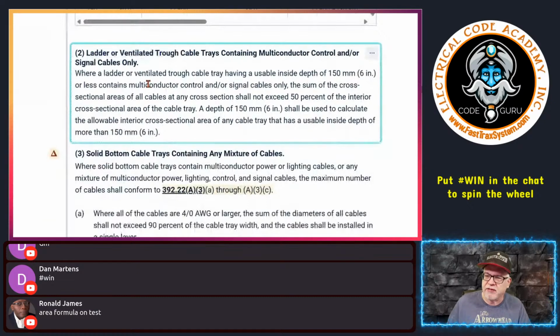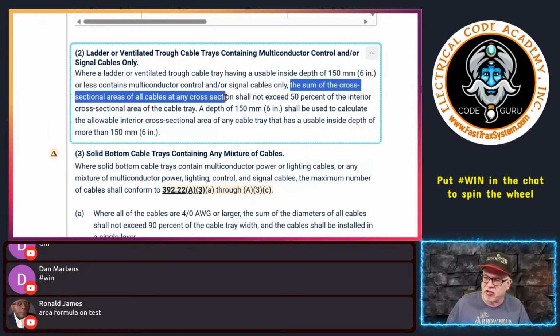Here, it says where a ladder or ventilated trough cable tray has a usable inside depth of 6 inches or less, containing multi-conductor control and or signal cables only, the sum of the cross-sectional area of all cables at any cross-section shall not exceed 50% of the interior cross-sectional area of the cable tray.